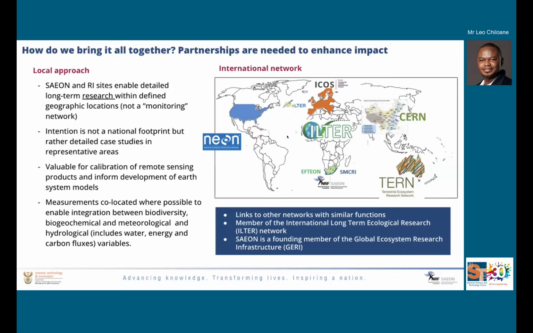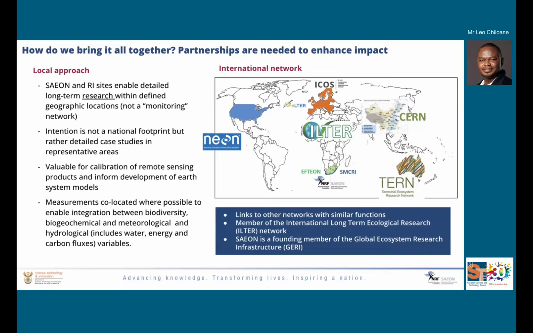But with the international network, we are part of something called the International Long-Term Ecological Research. Through this network, we are exposed to other institutions or networks or regional networks doing similar work as SAEON.